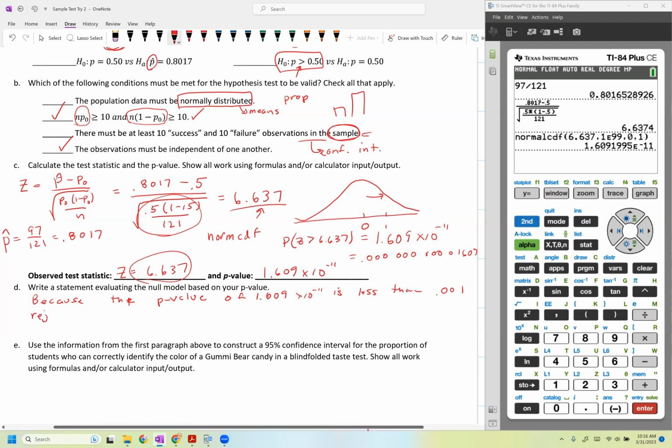And because of that, we would reject the H0 claim and state there is extremely strong evidence. And then what do we think we proved? That people can determine the color of gummy bears by taste.